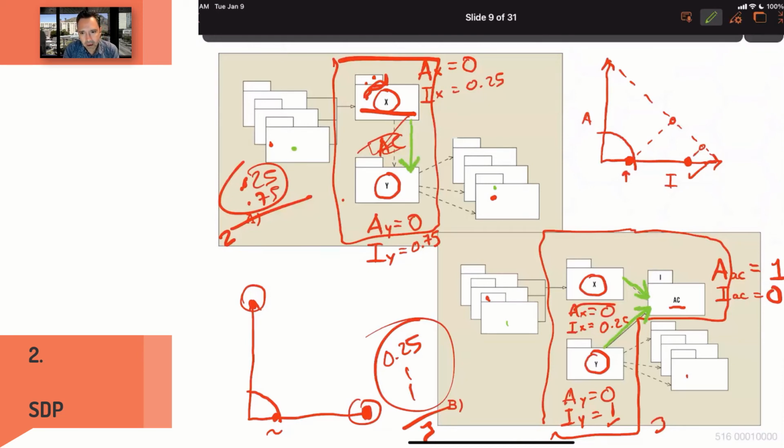Tell me, for the solution in A, here, the line in green, good or bad? Happy face or not for this arrow here? Remember, it's going from X to Y. It's moving from 0.25 to 75.